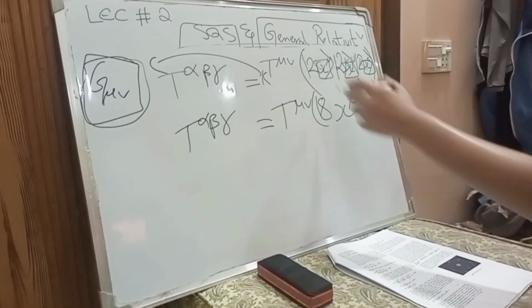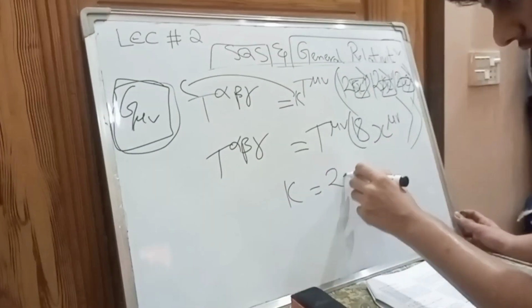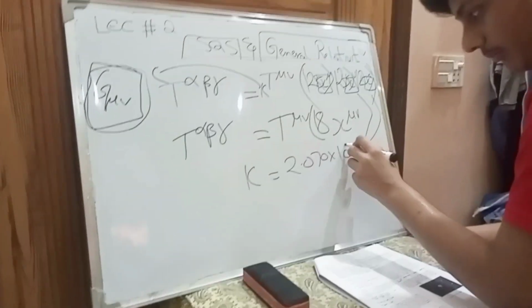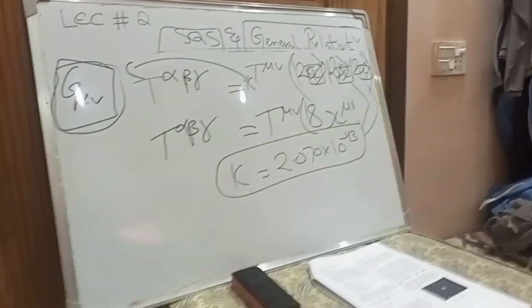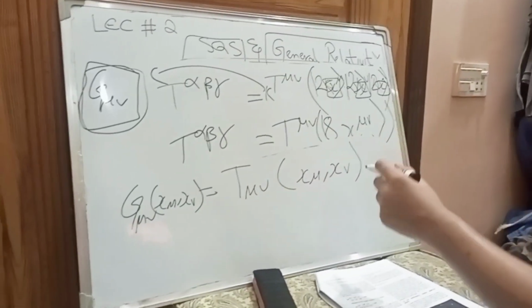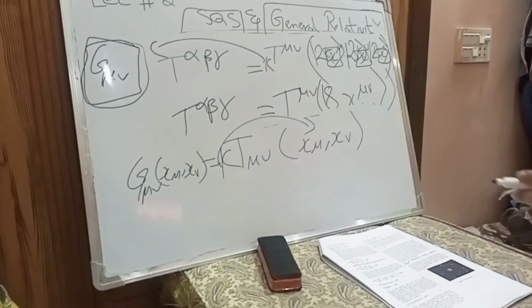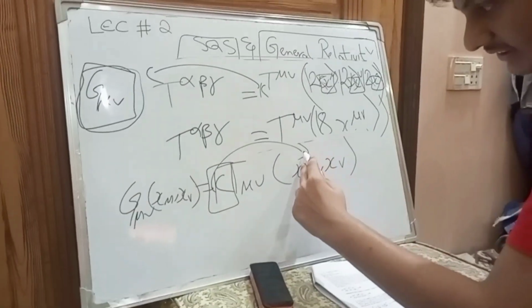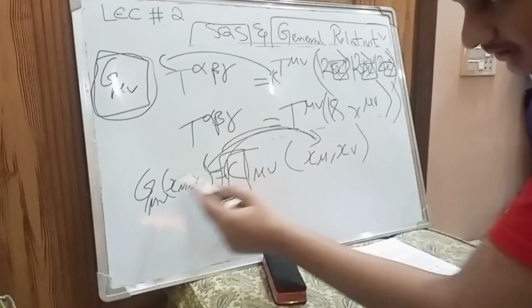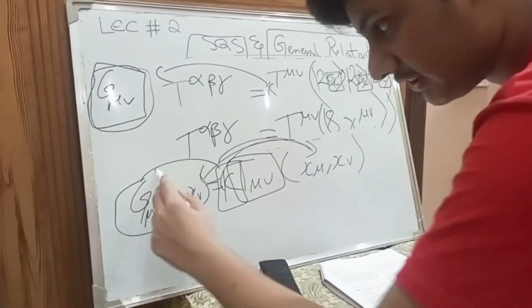So if we use constants here, like the Einstein constant k equals 2.070 multiplied by 10 power minus 43, the Einstein constant. Now this is an example of a constant. If we are talking about a constant, it simply describes each vector's relation, the relation of stress energy with the curvature of spacetime.